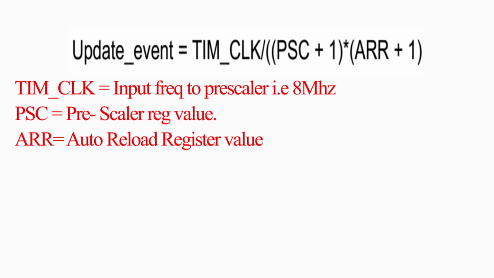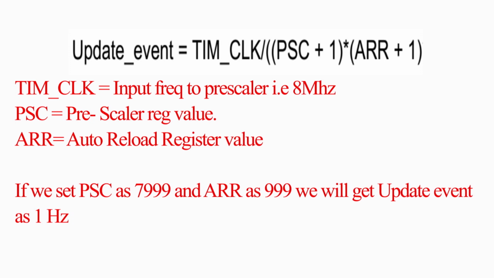We need to find PSC and ARR values such that the update event will be of 1 Hz. So with a simple mathematical calculation, we can have PSC as 7999 and ARR as 999. With this combination, we will get an update event of 1 Hz.